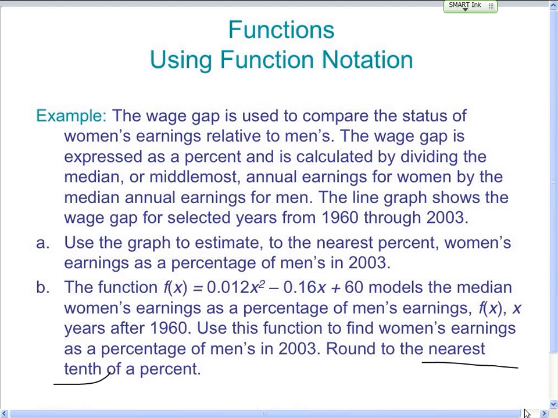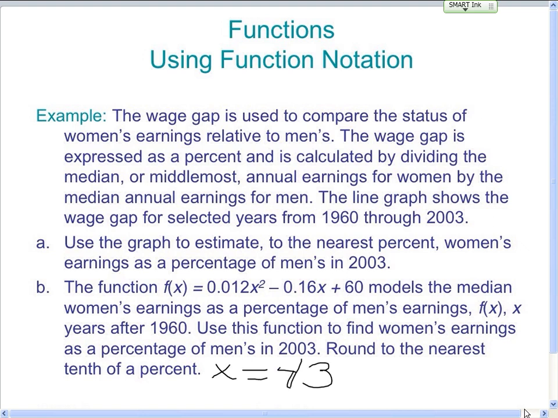Round to the nearest tenth of a percent. So first thing you have to do is figure out what x value you're going to plug in. Remember, x is the number of years since 1960, and we're trying to figure out 2003. So how many years is it between 1960 and 2003? Well, it's 43 years. So our x is going to be 43.